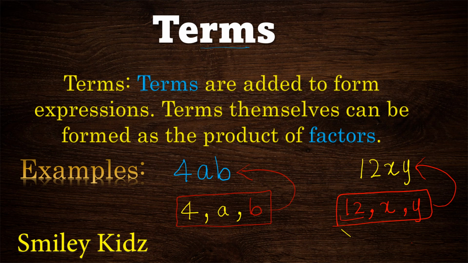So 12x and y are the factors of 12xy. And here 4ab. This is a term which has the factors 4a and b. So 4a and b are the factors of 4ab.